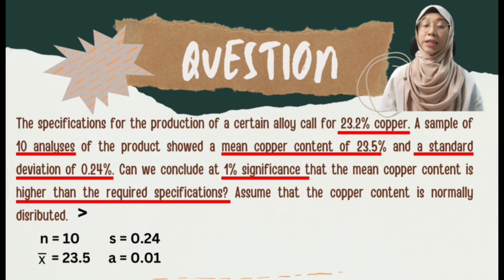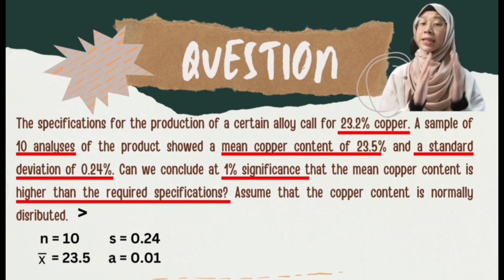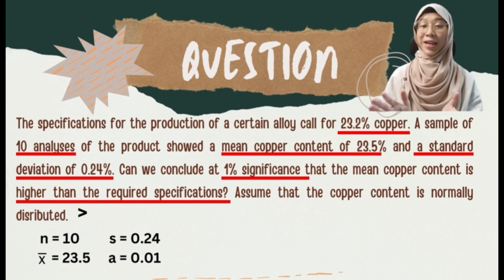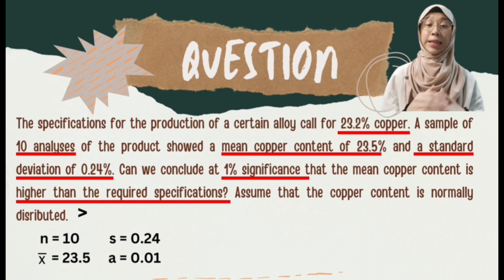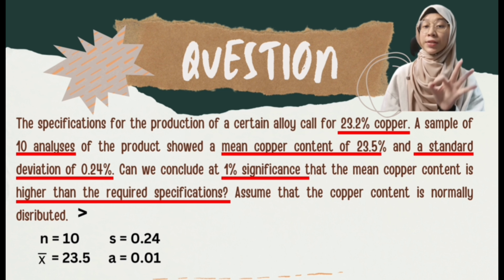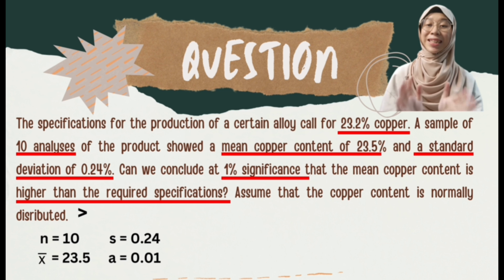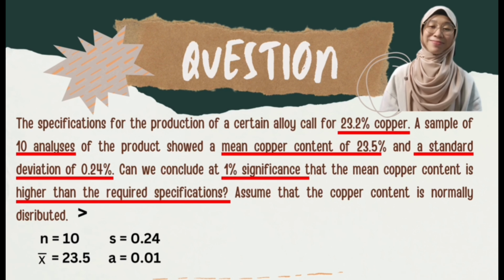The question is to know the significance that the mean copper content is higher than the required specifications. So, the symbol is bigger than. As we can see, we don't know our variance and our n is 10, which is less than 30. So, we use case 3 hypothesis test for a single population mean.